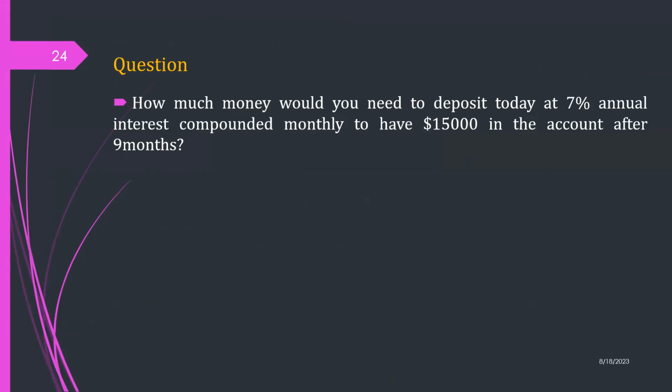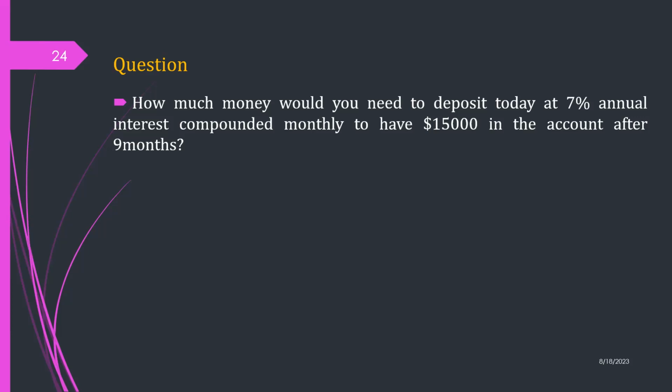So here also what you can see is that the amount, or the future value, you are required to get after 9 months is $15,000, and the interest rate is 7%. And now you are calculating how much money you need to invest today, right?